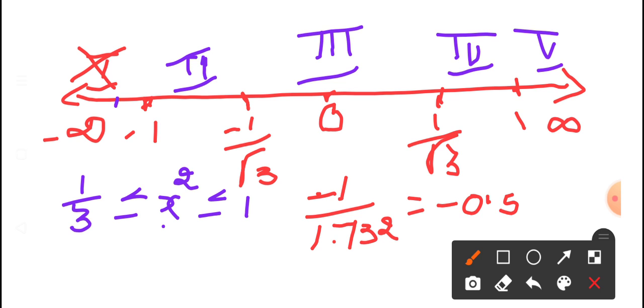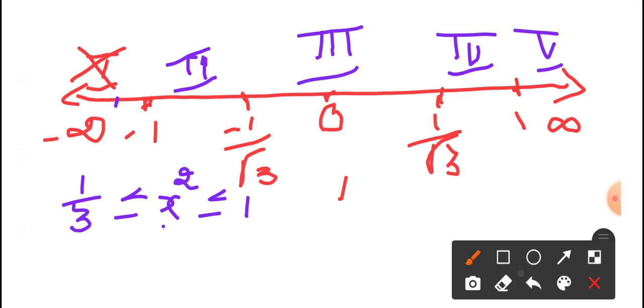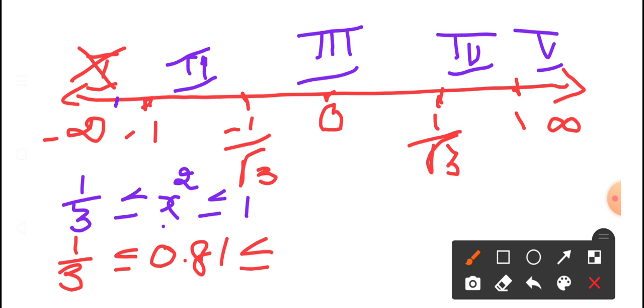So here we take -0.9, and we substitute in this interval. 1/3 ≤ (-0.9)², the square of a negative is positive, so 0.9² means 0.81, and ≤ 1.